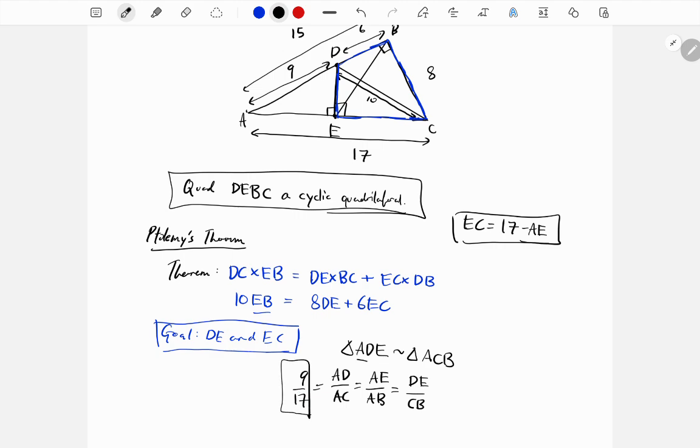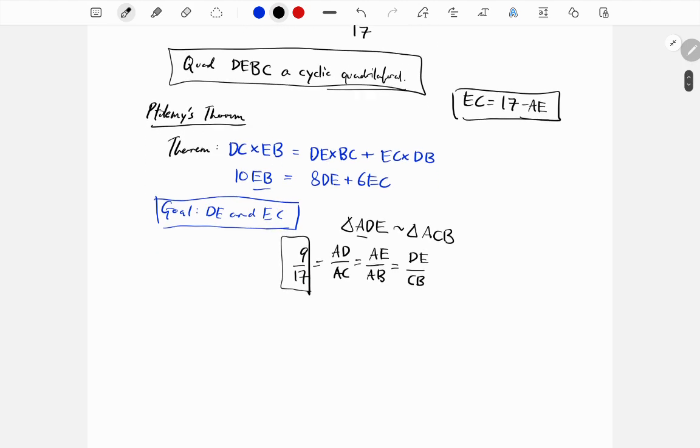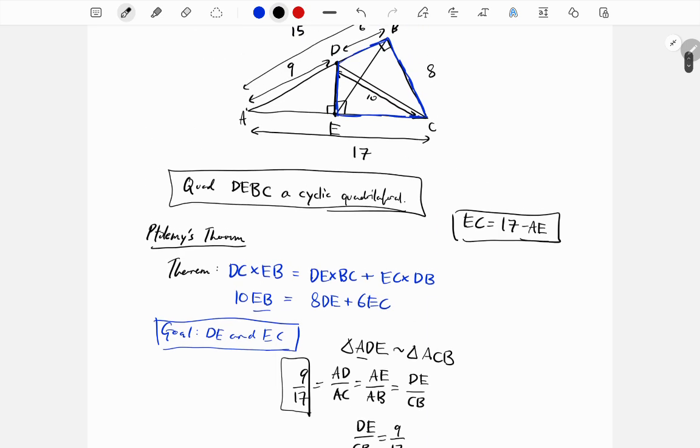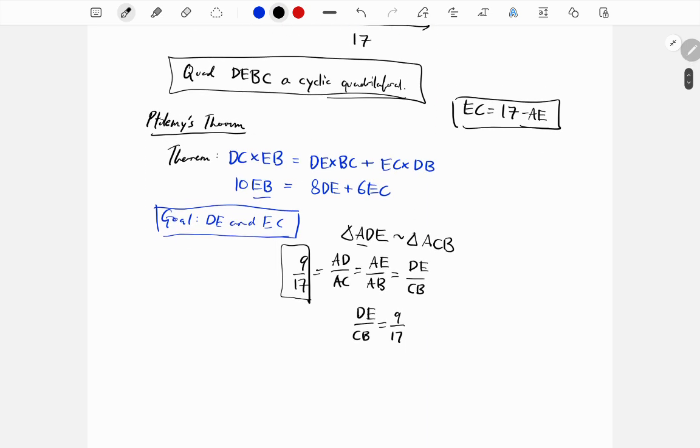So I'll just use this constant factor whenever I'm going to try to solve for a side. So DE over CB is then equal to 9 over 17. And CB is equal to 8. So if I substitute that in and I solve for DE, I get DE is equal to 9 times 8, which is 72 over 17.